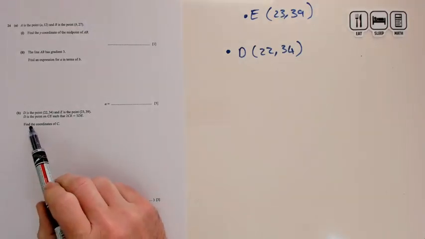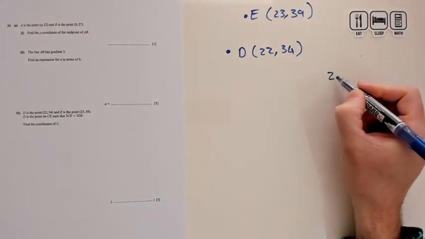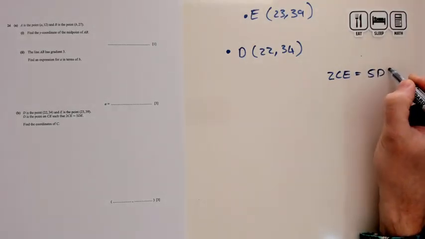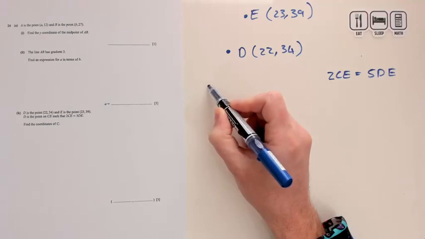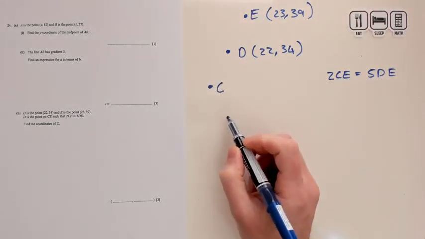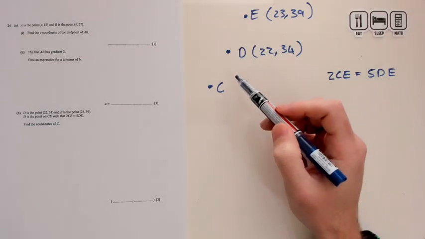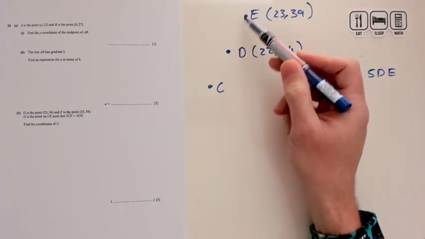And they're saying D is the point on CE such that 2CE is equal to 5DE. So there's a point, let's call it C, somewhere here, and 2CE is 5DE.